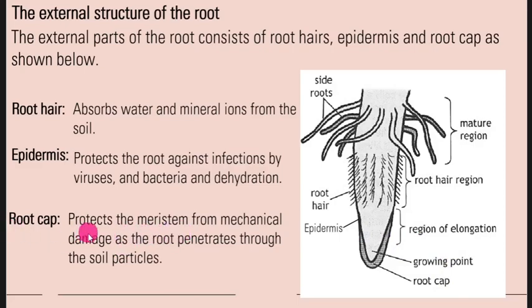So this root cap protects this part here from mechanical damage as the root penetrates through the soil particles. As the root is growing through the soil, it has the outer part called the root cap, which protects the inside part of the root from mechanical damage. Alright, I hope you're understanding these points.